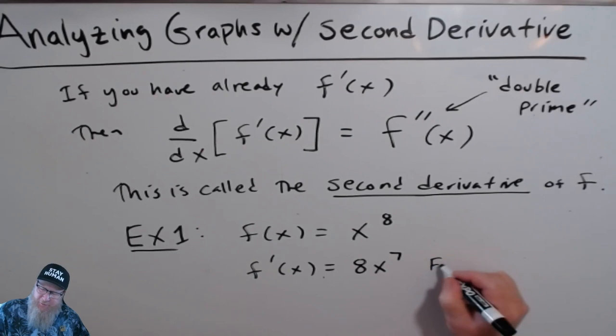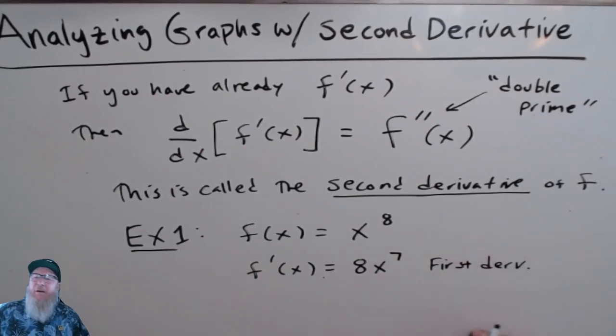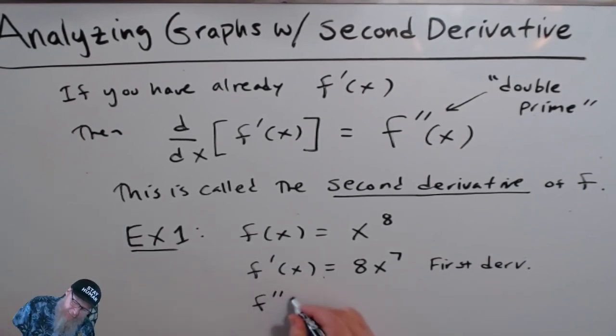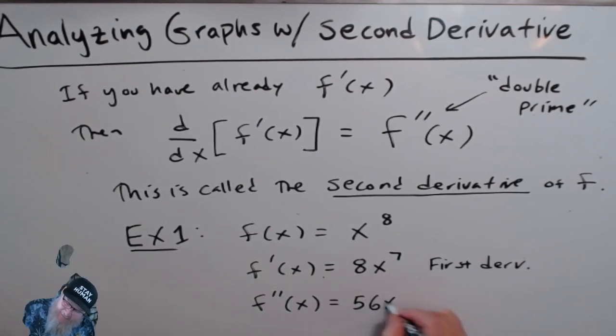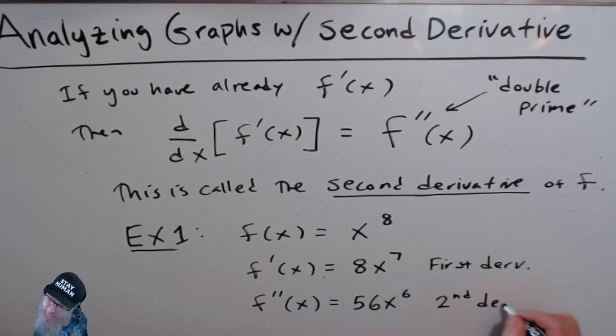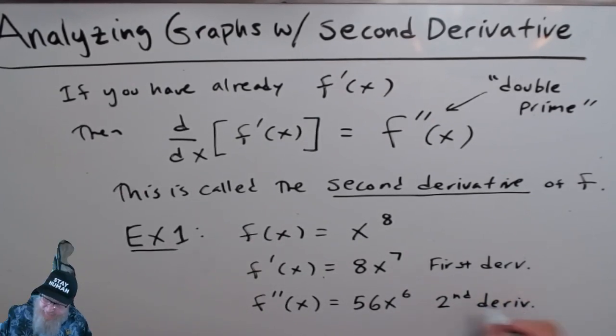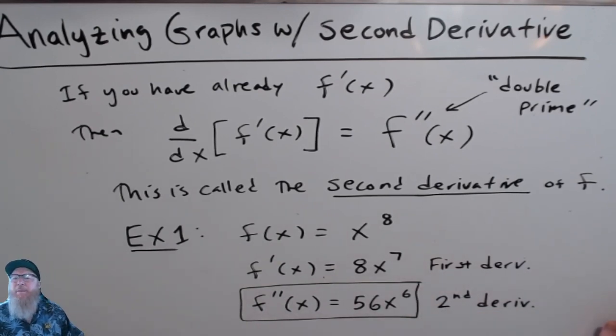That would be the first derivative. And then you could take the derivative of that, 56x to the 6th. That would be called the second derivative. So that's the most common notation, the prime notation.